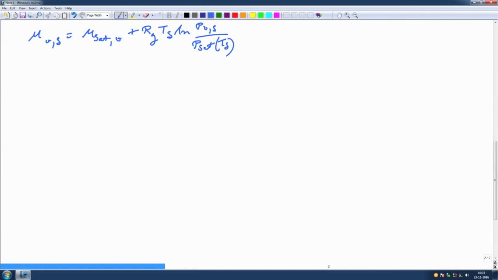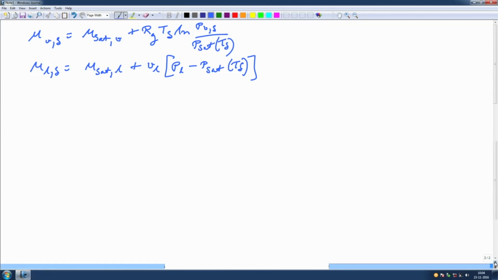That is the first set. Now, the second set: mu L at delta is equal to mu sat L plus VL times PL minus P sat T delta, got it. These are the two sets of equations. In one case VL is incompressible, so it is constant, in the other case it is not. So, we are integrating it.